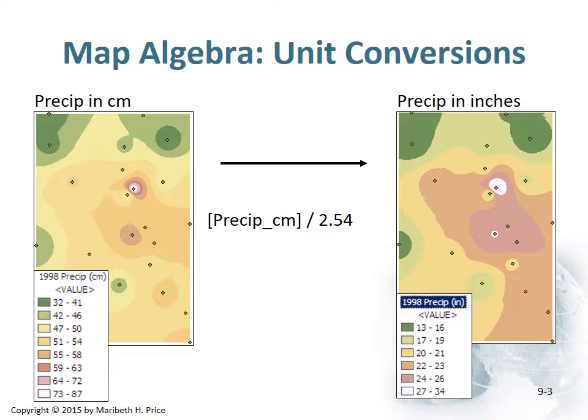We really would prefer inches because, of course, we live in the US and no one knows what centimeters are. So we apply the appropriate conversion to the variable. Precip centimeters divided by 2.54 gives us 1998 precipitation in inches. So it's a cell-by-cell operation. Every cell in the input grid is divided by 2.54 to give us the output grid in inches.